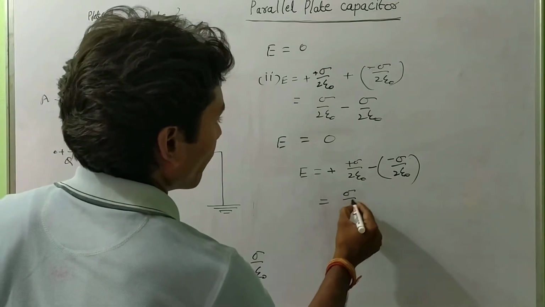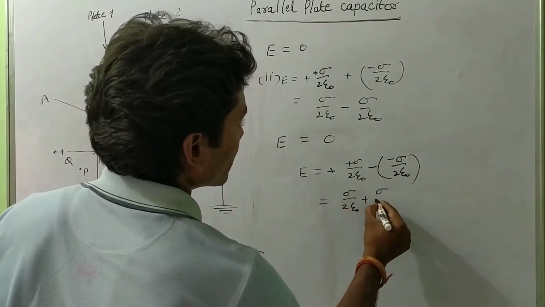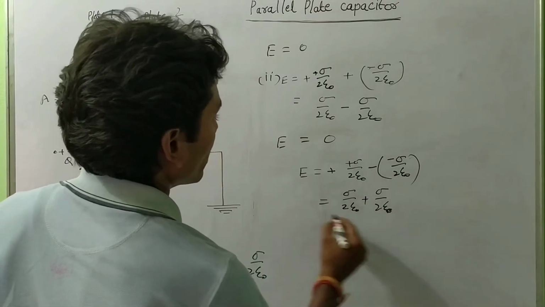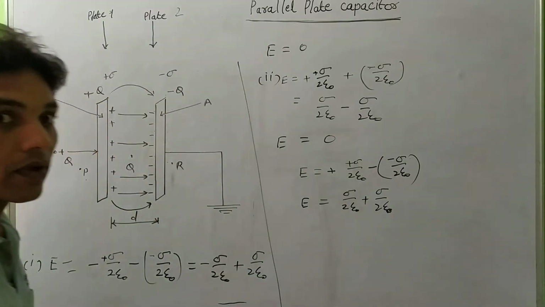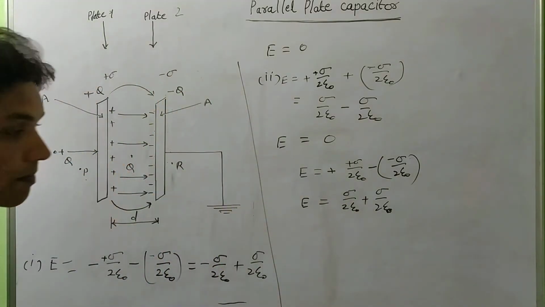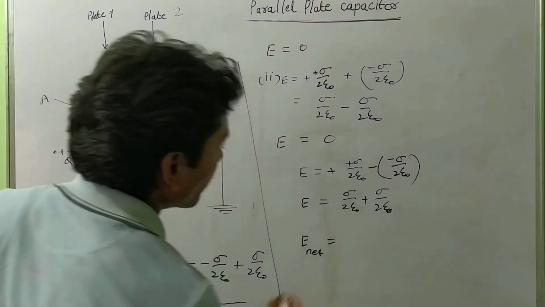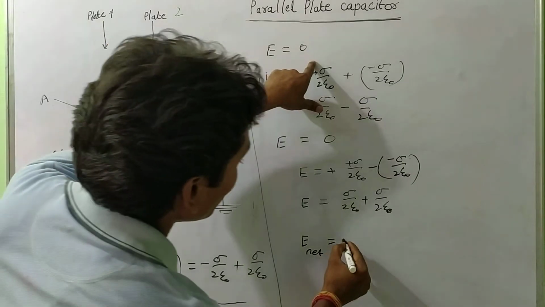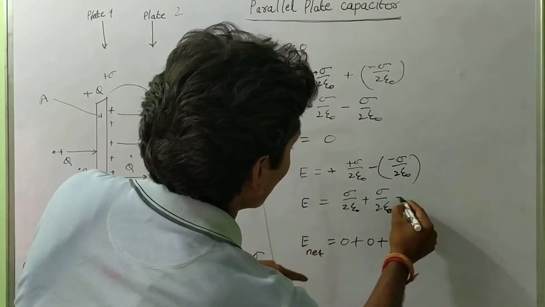So minus minus gives plus sigma upon 2 epsilon naught, which is equal to E.